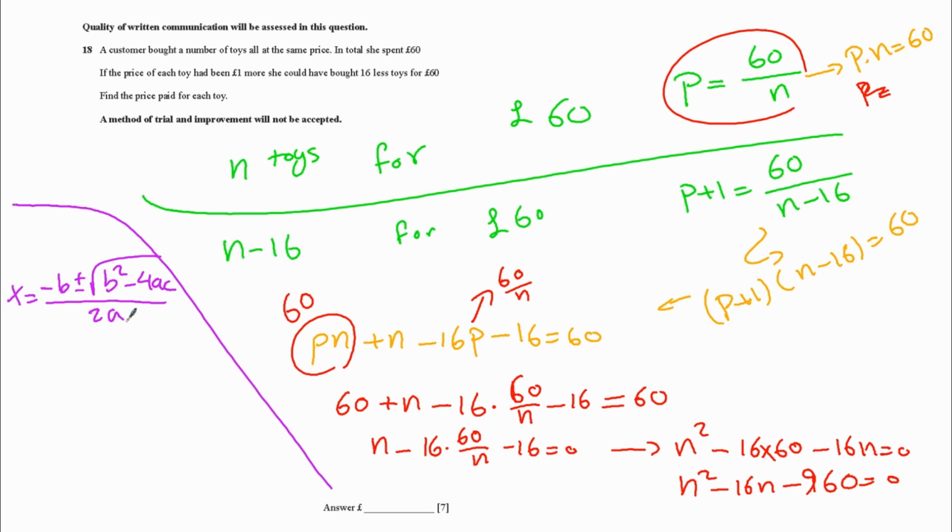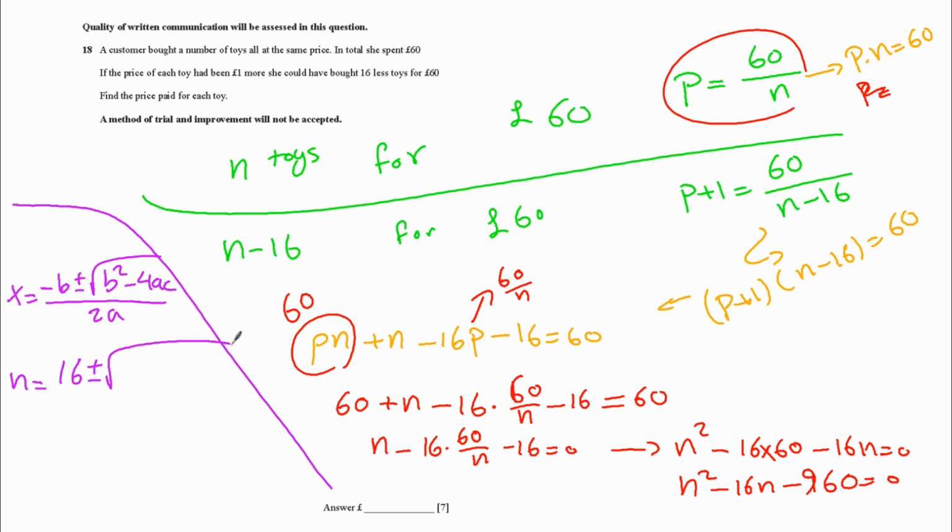So I'm just going to put information in to find the value for n. I put x, but it is the same as n, so I just put it that. So n would be equal to minus b, which is 16, plus minus square root of b squared, which is minus 16 squared, which is 256, and minus 4ac.